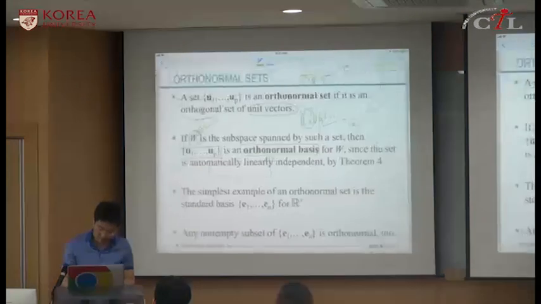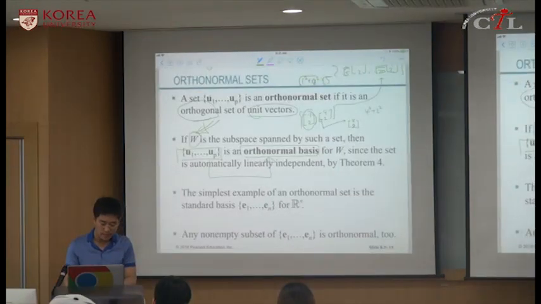The simplest example of an orthonormal set is the standard basis for R^n. So if we consider R^3, the simplest possible basis vectors are (1, 0, 0), (0, 1, 0), and (0, 0, 1).